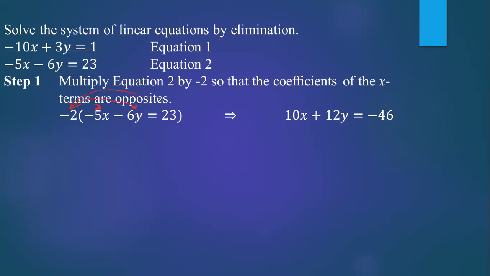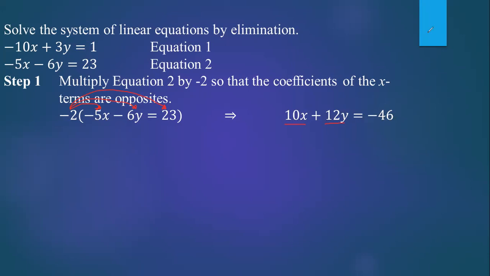All right, so that is why we now get 10x: negative 2 times negative 5x equals positive 10x. Negative times negative is positive. Negative 2 times negative 6y equals positive 12y. And then negative 2 times 23 equals negative 46.